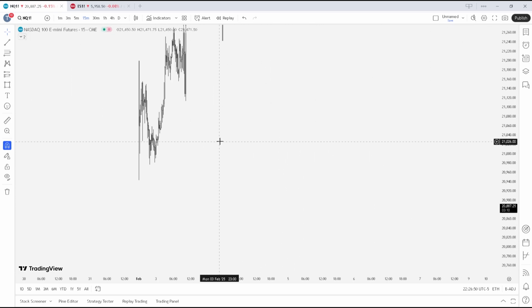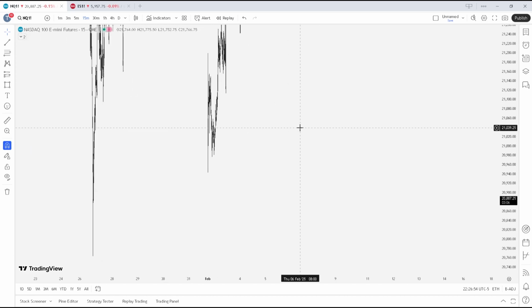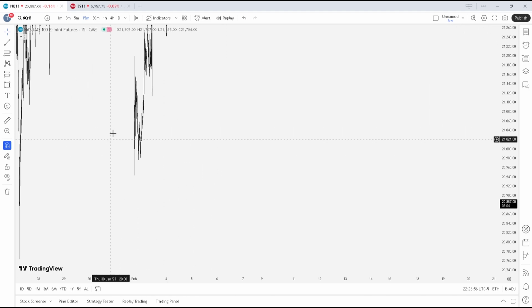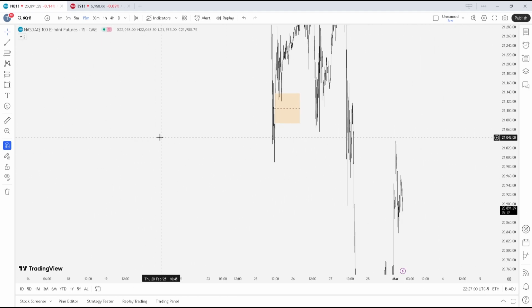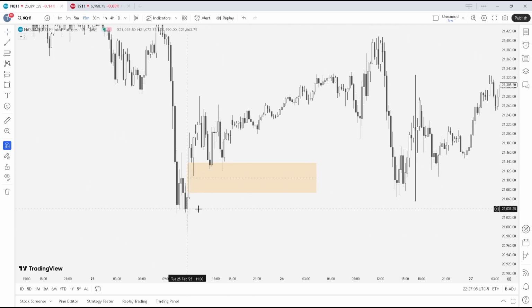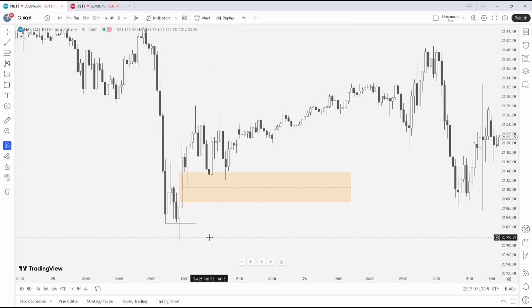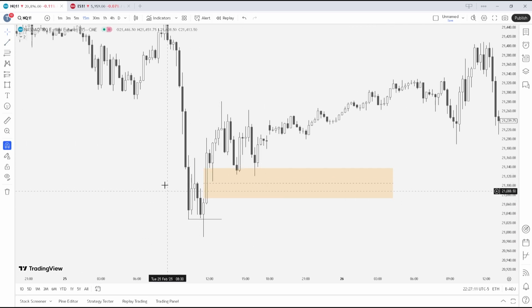We have a fair value gap right here. See if it lines up. No, it doesn't. Okay, but there's a rejection block, which I haven't taught yet, but there's a rejection block right there, which lines up with this. Then we have this low that's made, then we sweep the liquidity, then we get a move higher.